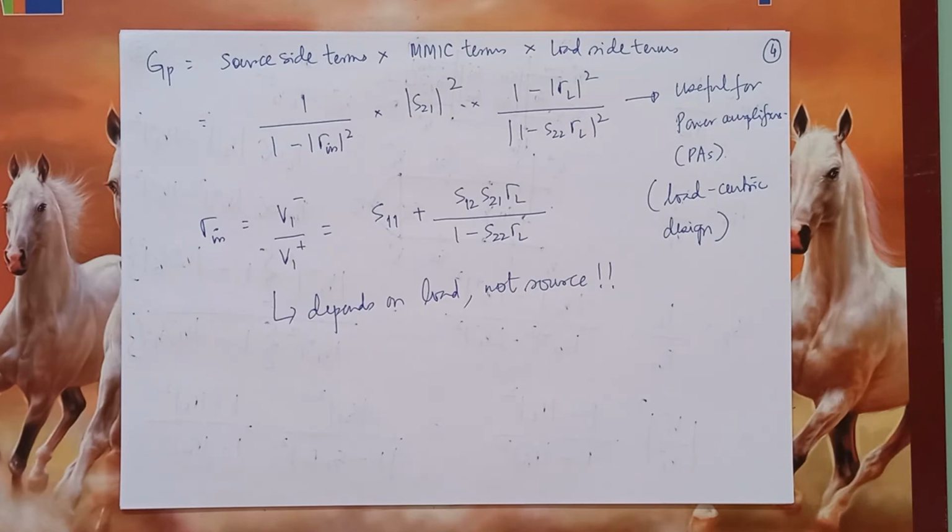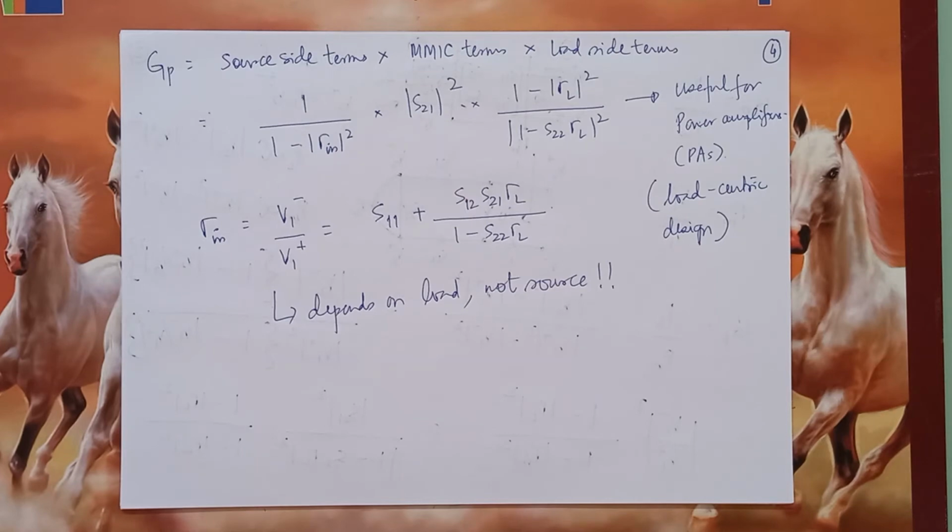And such kind of amplifiers where the source side is more important than the load side, they are called as low noise amplifiers or LNAs. And as we have discussed briefly in one of the previous lectures, while the power amplifier forms the last block in the transmitter chain, the low noise amplifier forms the first block in the receiver chain.